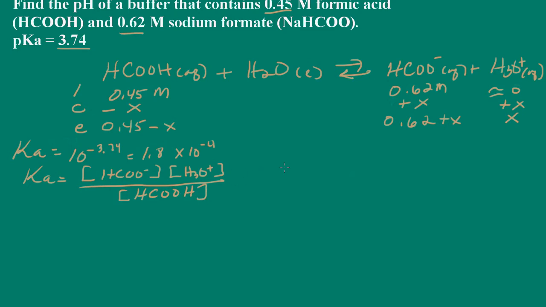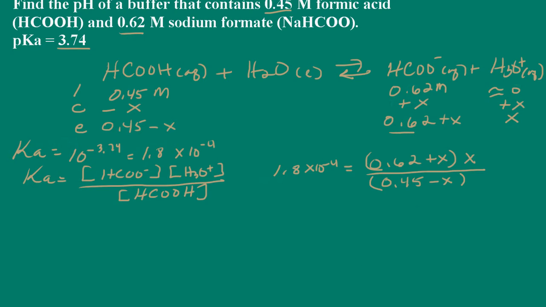So what we have then is Ka is 1.8 times 10 to the negative 4, and that's equal to 0.62 plus x times x, all over 0.45 minus x.